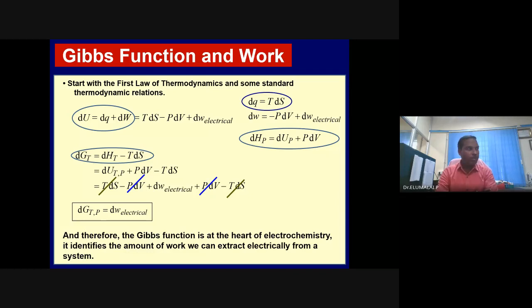It is impossible to create energy or destroy energy: first law. There are many other versions of the first law, such as the Clausius statement and the Gibbs statement. At least 3 to 6 versions are there for the first law of thermodynamics. The second law talks about the efficiency of the system.